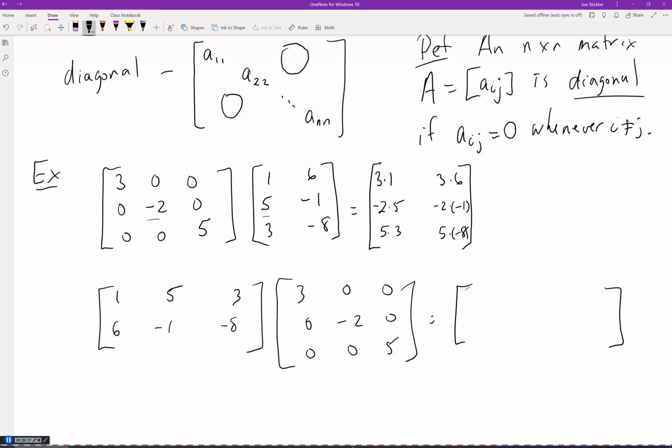The 3's not there, right? But what if we take the second row times the first column? What's the only product we would do? The 3 and the 6 again, right? So notice that first column. In the first entry, we've got a 1 times a 3. And in the second one, we've got a 6 times a 3.